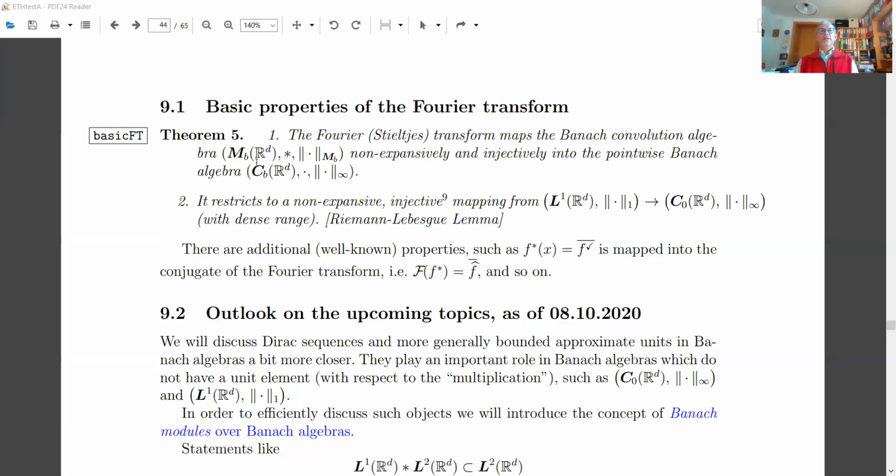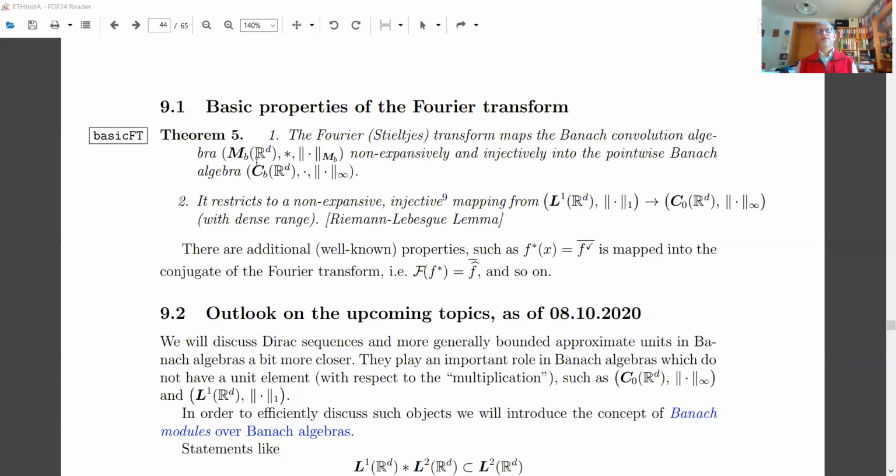Now, we also have an important statement, which I've seen in the script of Helmut Bölcskei mentioned without proof, and I will give you the indications of one way to prove it. It restricts to a non-expansive injective mapping from L1 into C0. So L1 is viewed as the closure of the nice functions.